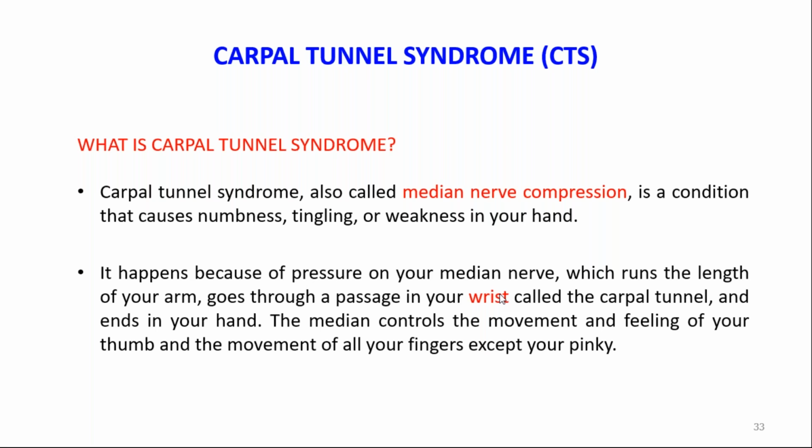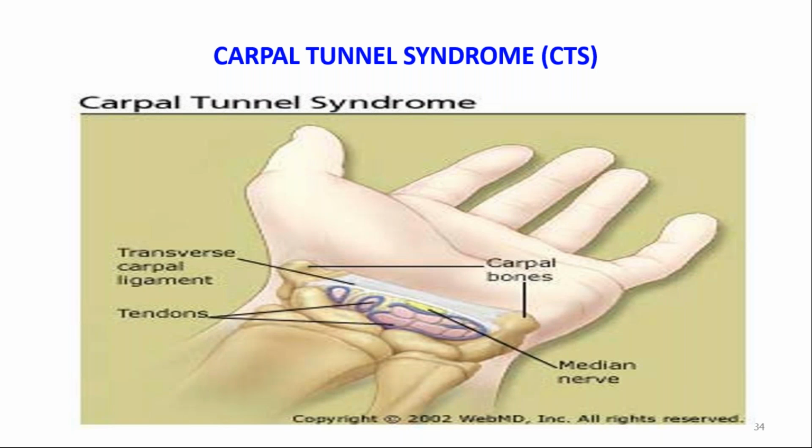With the help of a photo, you can understand very well what exactly this is. From this diagram, you can understand what the part is. This is your whole hand. This is the wrist part, and in that wrist, this is the transverse carpal ligament. These are the tendons, and these are the carpal bones.